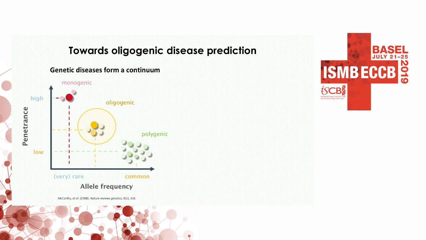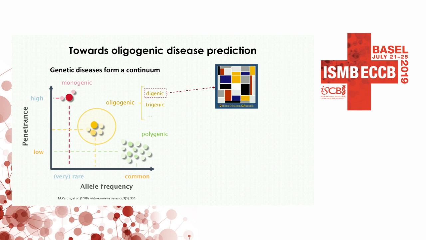Our approach in our team is to go higher in this genetic continuum, to a higher level of complexity. To do that, we started with the simplest form of oligogenic diseases, which are the digenic diseases. Those involve mutated alleles in two loci that better explain the disease phenotype.